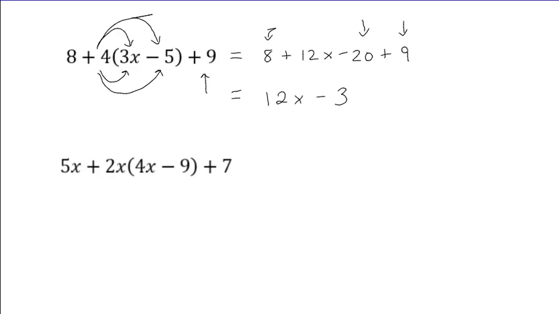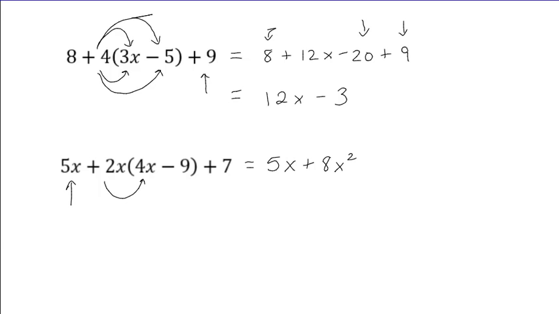The second problem is almost identical, except I have another x in it. So I'm going to take the 2x and multiply it to get rid of those parentheses. So here goes. First off, my 5x is not near the parentheses, so I'm going to write it down first. Then I have a positive 2x times a 4x. 2 times 4 is positive 8x squared.